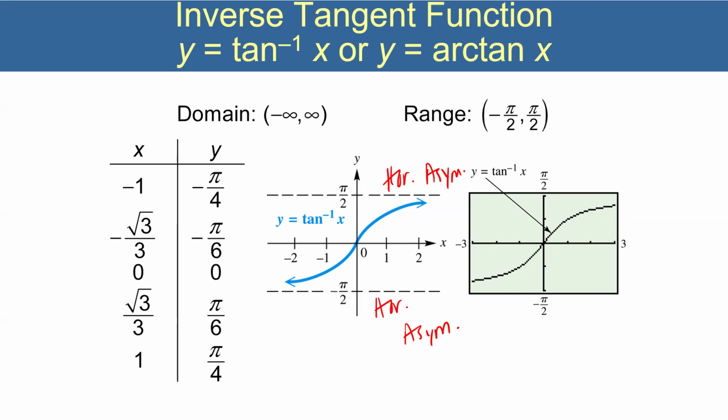Okay, what can we analyze from this graph? We're increasing, our x and y intercept is at 0. And what type of symmetry? Rotational origin symmetry.